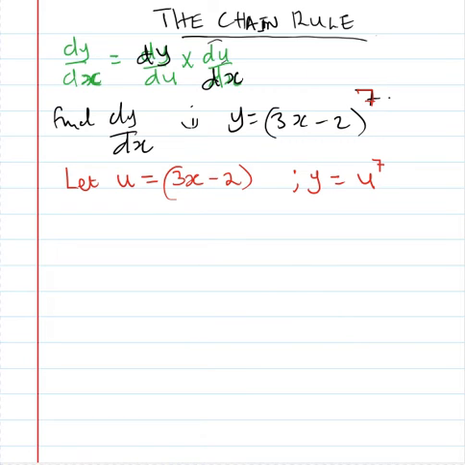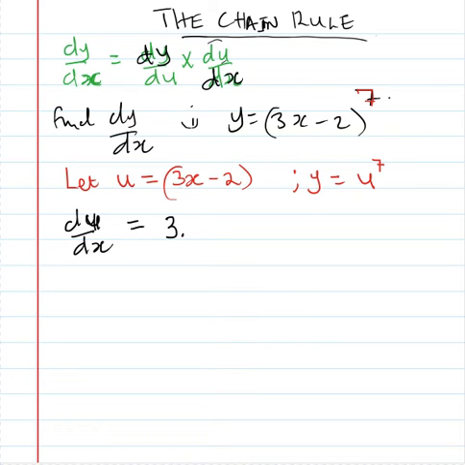Now du/dx, differentiating u with respect to x, whatever is on the left gets the top, and whatever is on the right gets the bottom. Applying the scalar multiple rule, we shall just get 3.